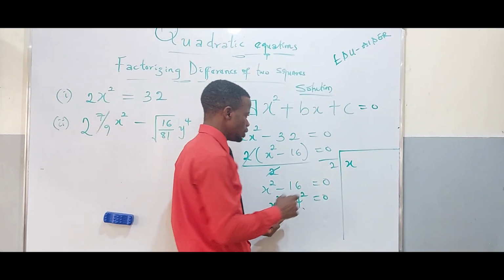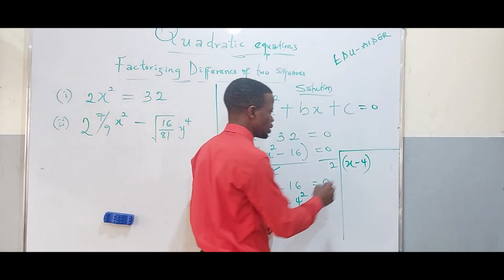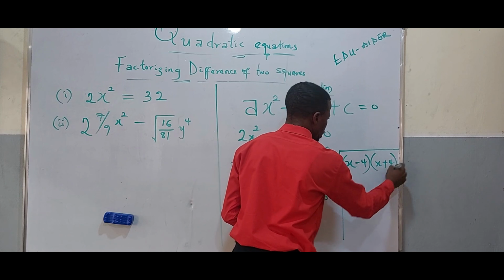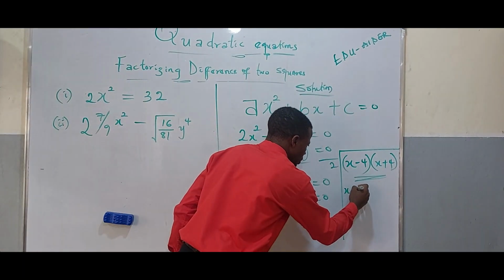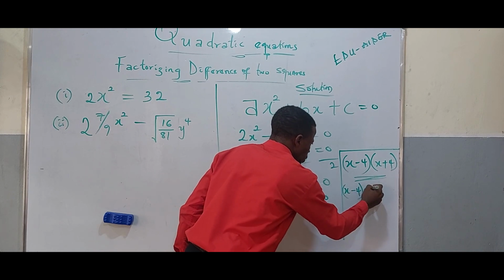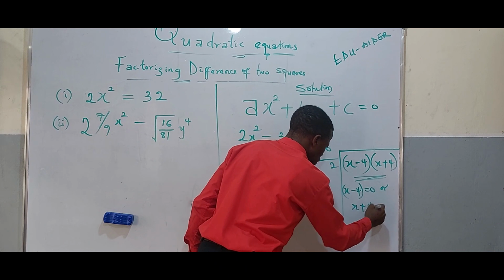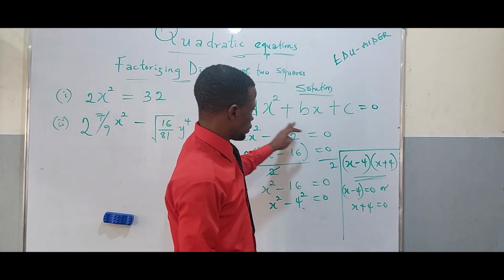This, minus 4, close the bracket. Then open another bracket, this, plus the second term. We are factorizing this, right? So we are able to say x minus 4 is equal to 0, or x plus 4 is equal to 0. These are the factors of this equation.